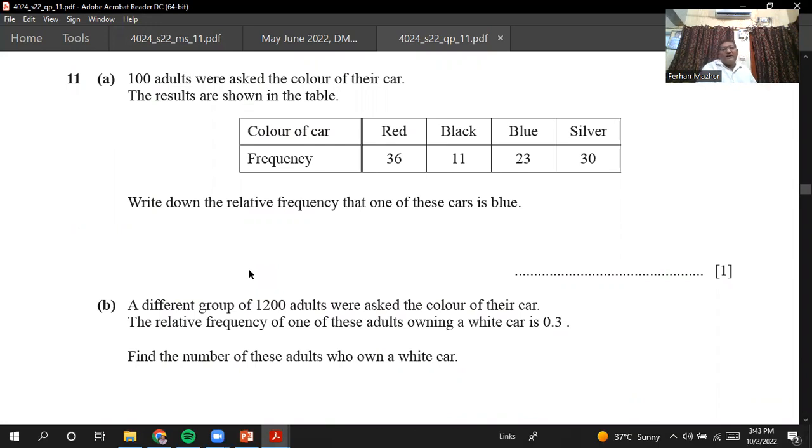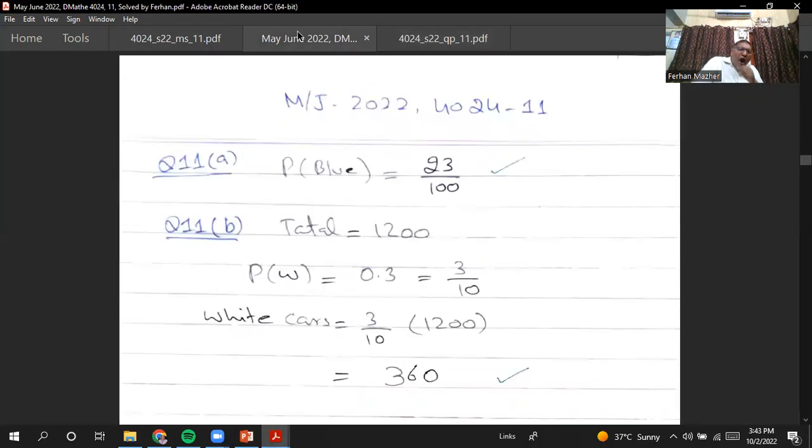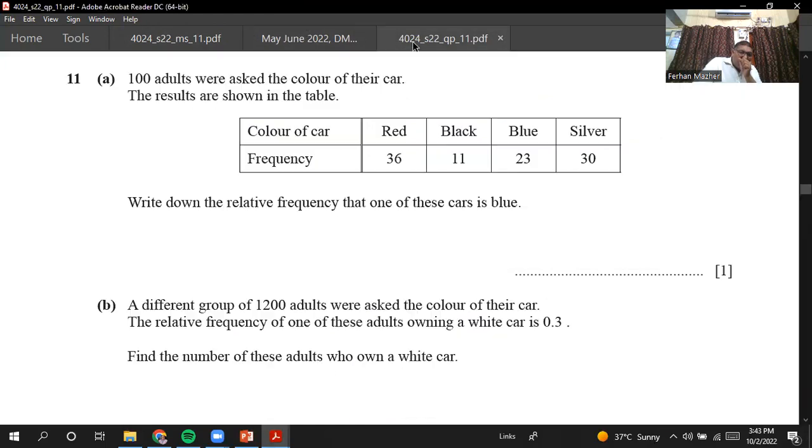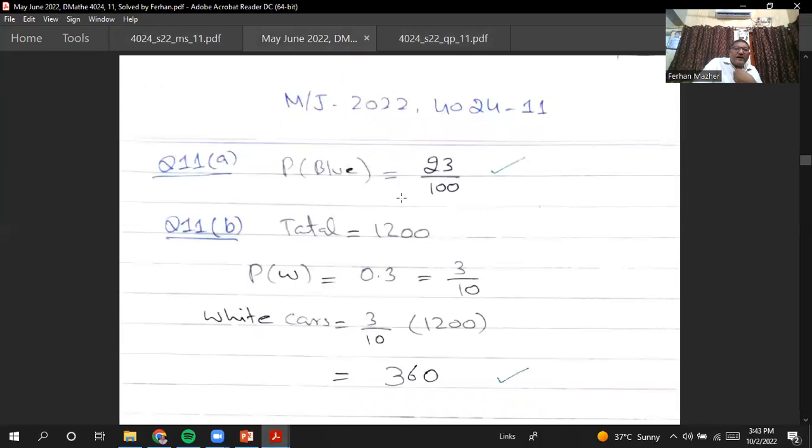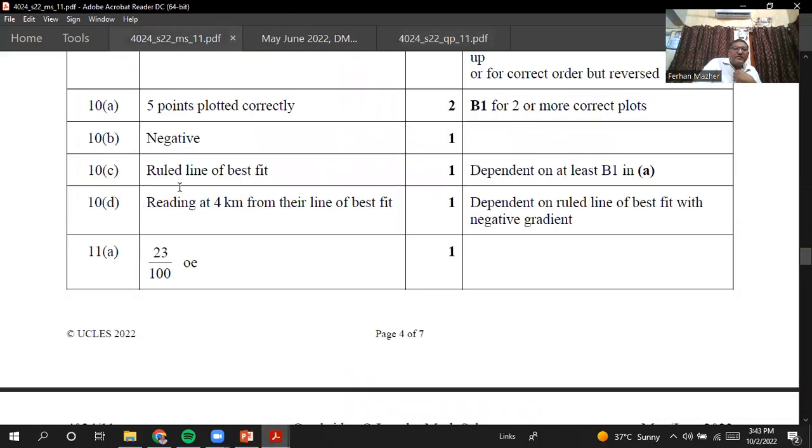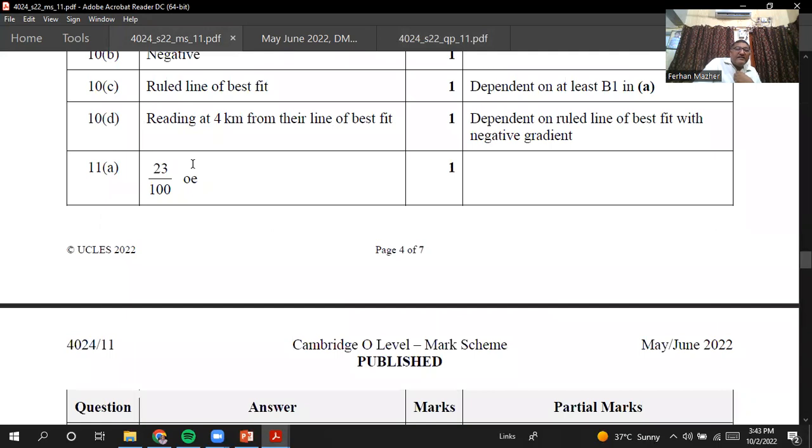The total blue cars are 23, and the cars you surveyed are 100. So it will be 23 by 100. Let's check. 23 by 100 is the right answer.